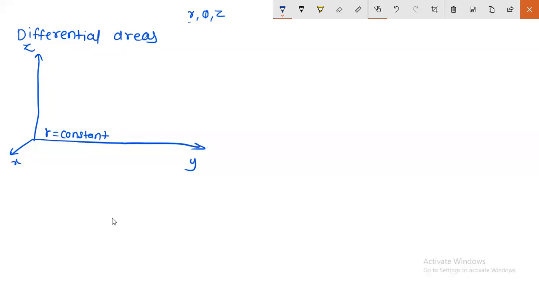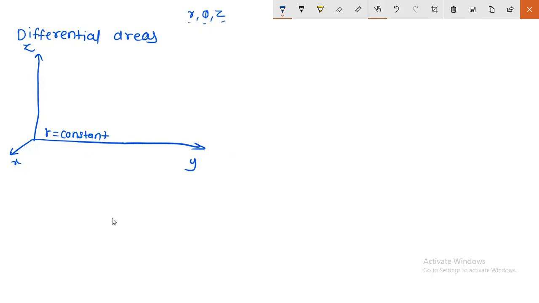Now, if R is equal to constant, then what is present? Phi and Z are present. Yes or no? If R is equal to constant, then phi and Z will be present.